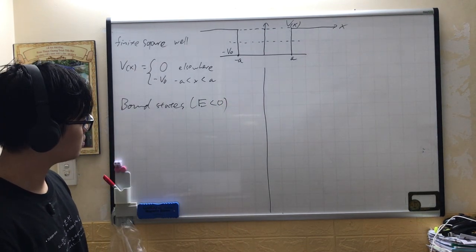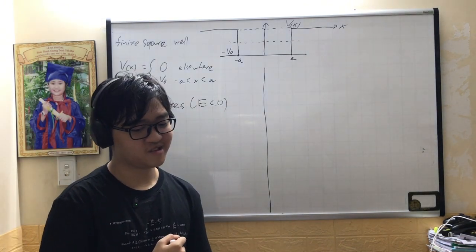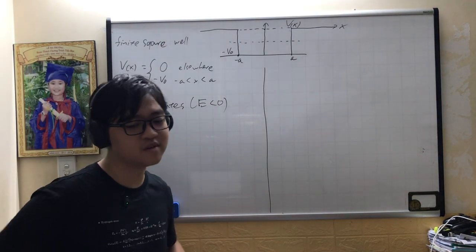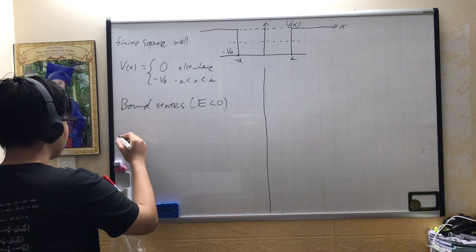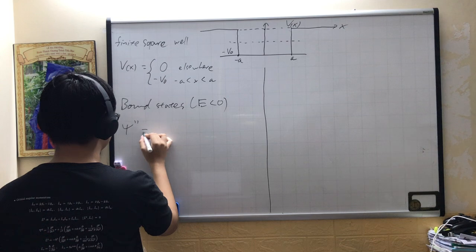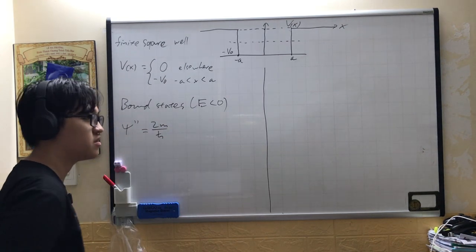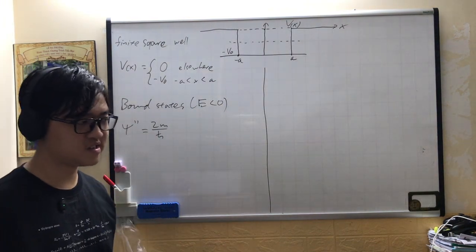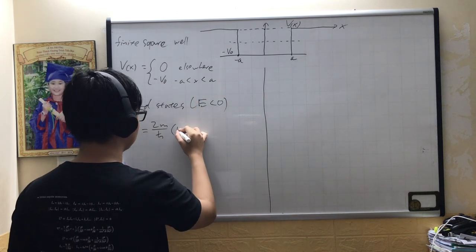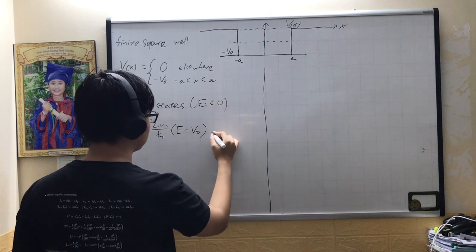So what would you do now? First things first, you would like to write down your time-independent Schrodinger equation every time. I would just write it quickly in this form right away instead of doing the step-by-step derivation. And you can see here E minus V naught, that's your energy.